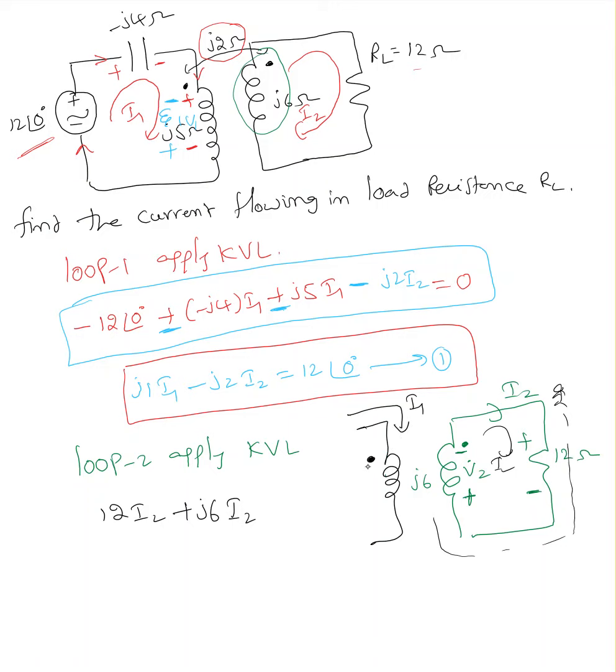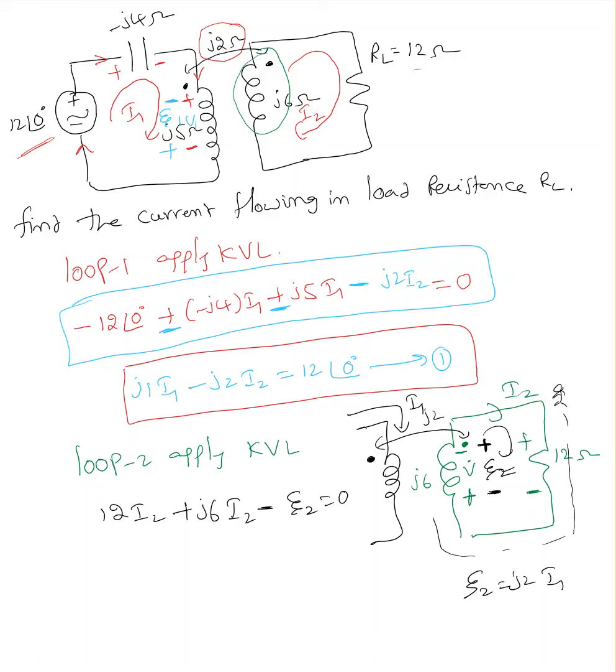So the induced voltage here, E2, will have positive terminal there and negative terminal here. When I'm walking, I'm entering the negative terminal, so this is minus E2 equal to 0. What is E2? E2 equal to the mutual inductance here, which is J2 I1.